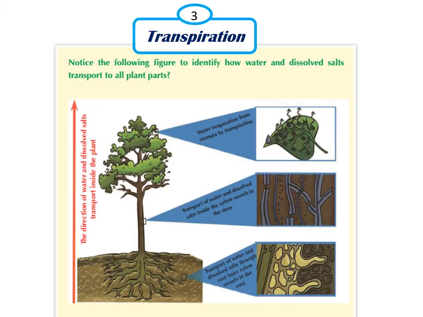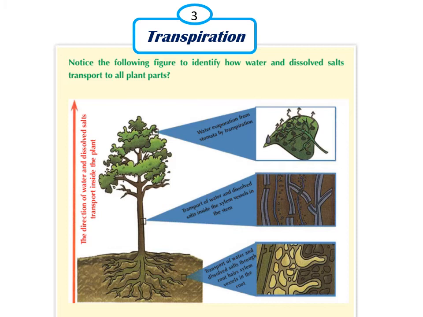So after studying what is the meaning of transpiration process and what is the meaning of these openings called stomata, now what is the importance of transpiration process? Scientists have found that when the plant loses water vapor from its leaves and stem, this helps in the rising of more water and minerals from roots and stem.